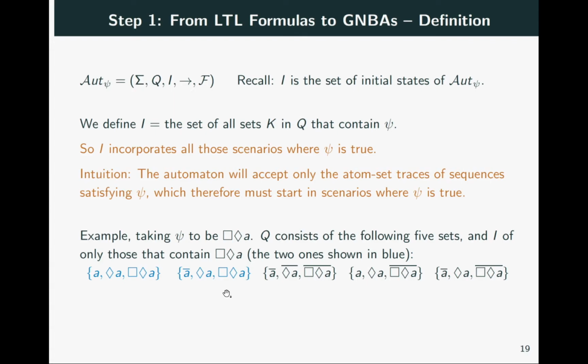These 5 sets are the scenarios that we discovered before by analyzing all the consistent ways to make the subformulas true or false for always eventually A. The same sets are of course obtained if you apply the general definition to this particular case. As an exercise, please revisit the definition of Q from before and check that this example is correct, in the sense that these are indeed all the elementary subsets of the closure of always eventually A.